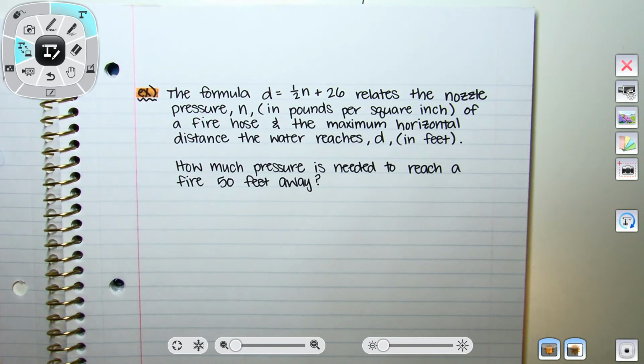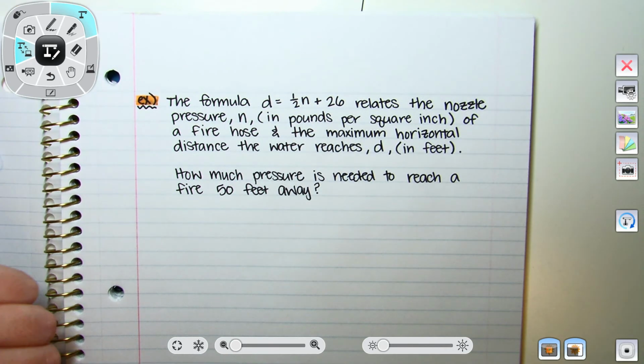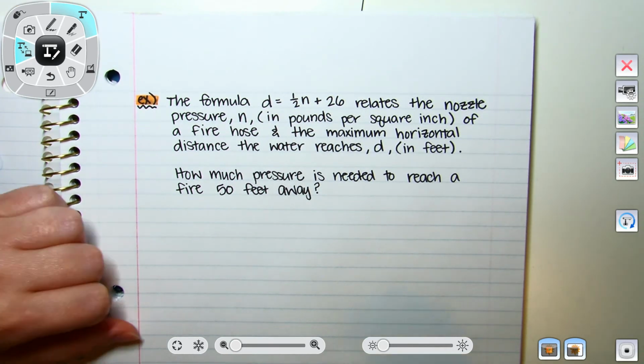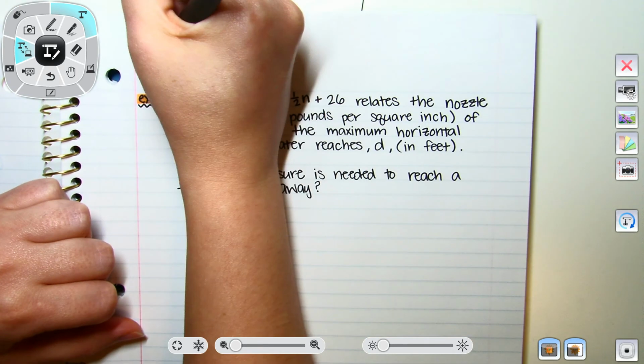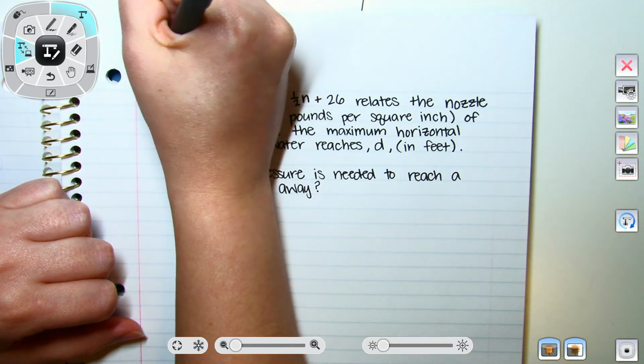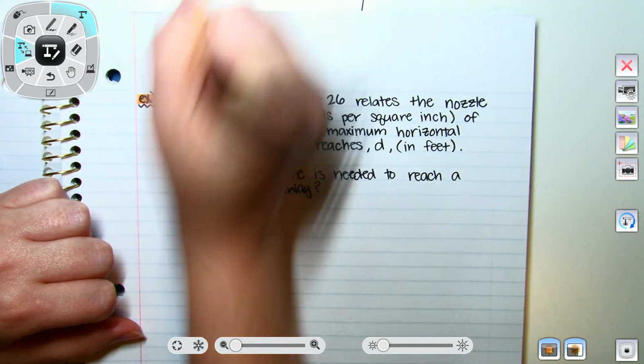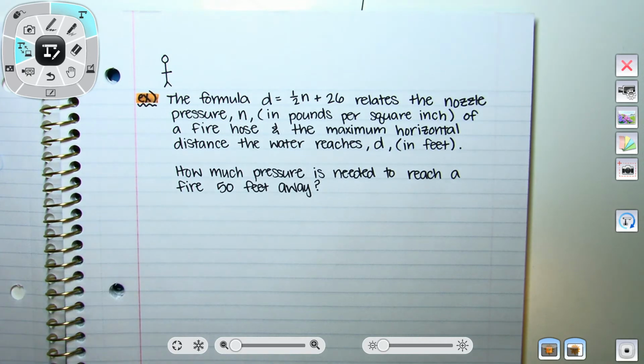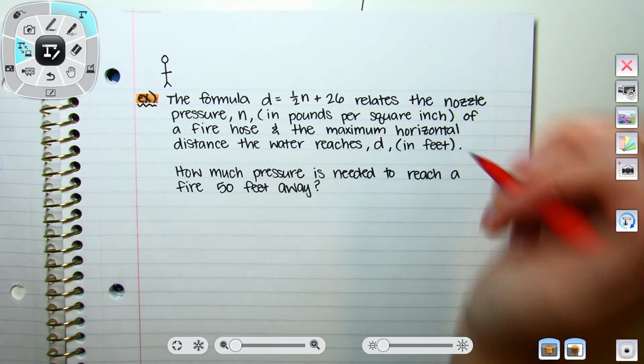All right, now what I really like to do with word problems is draw a picture. So I'm going to use this little empty space up here at the top and I'm going to draw a little picture. So I'm going to say this is my person. They're standing over here. We know that there's a fire.